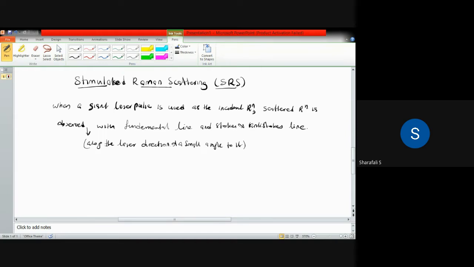You can include it in brackets, so that you will be observing these Stokes and anti-Stokes lines along the laser line as well as shifted from that position, which means along this laser direction.